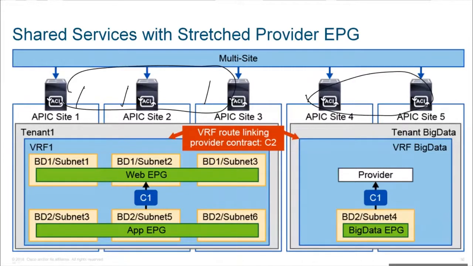I have to do route leaking between these VRFs. I have to do global contracts so they can be imported, exported, and imported. That means definitely the contracts have to be global.